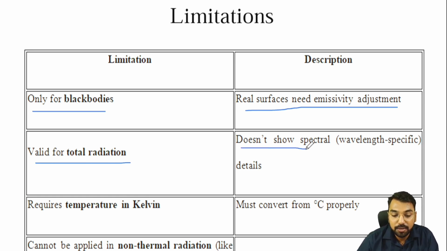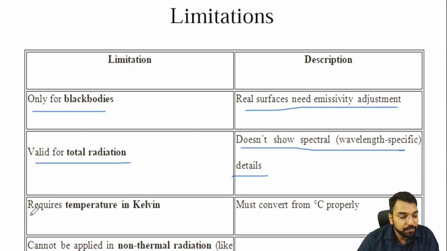It doesn't show spectral wavelength-specific details. That means the Stefan-Boltzmann law is valid for total radiation, not for some specific wavelength radiation. For analysis of specific wavelength radiation there are other methods that are complicated, and I think they are covered in your postgraduation course.